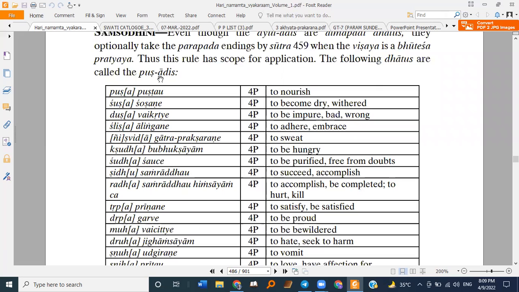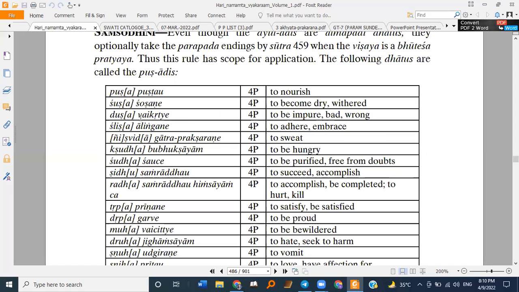So these are the Pushadi dhatus. We'll have a look. Pusha Pushta, words like Poshana, Pushti, Ityadi comes from this one. Shusha Shoshane, Shushka, if you have heard that word, Shushka, dry, comes from this. Shoshan, we say Shoshan. Dusha Vaikritye, we say Dushta, Dushana, Ityadi.